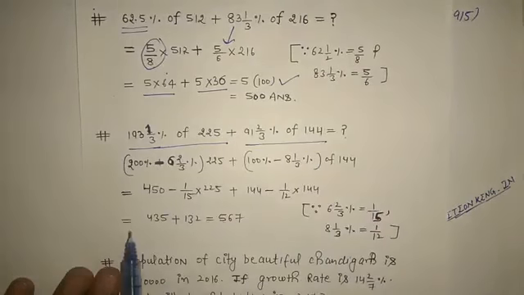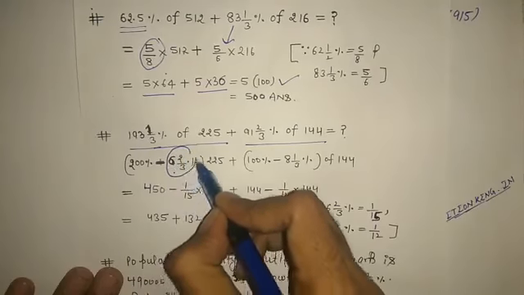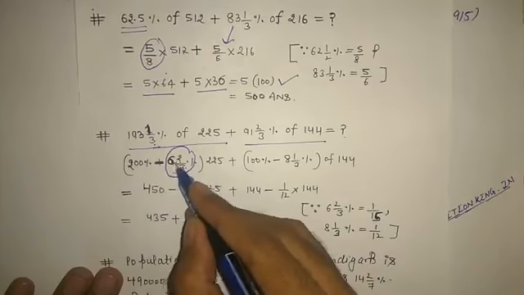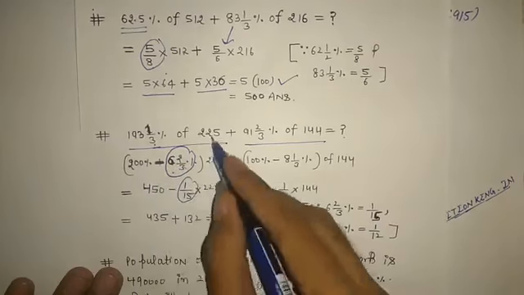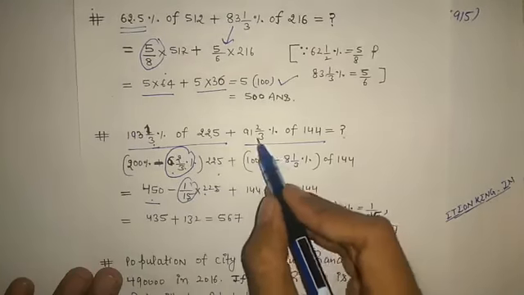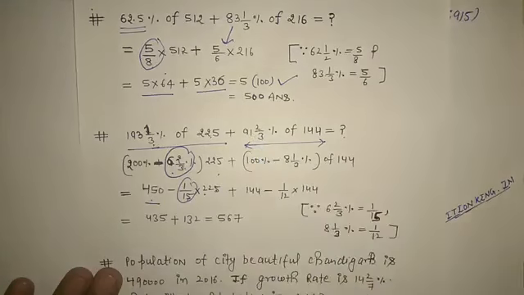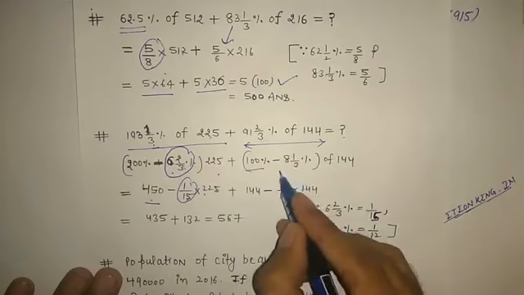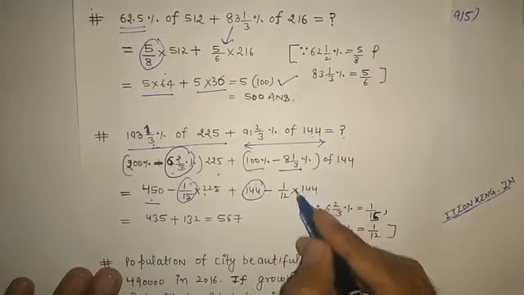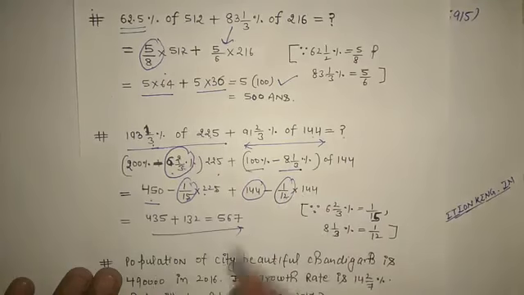As we know, if I subtract 6 integer 2 by 3 from 200, I will get this, because I know the fraction of 6 integer 2 by 3% is 1 by 15, simply double of this, minus 1 by 15 this, plus see here, as I already told, 91 integer 2 by 3, how I will get: 100 minus 8.33%. 100 is the full number, 8.33 is 1 by 12. If I solve this, I will get the answer.